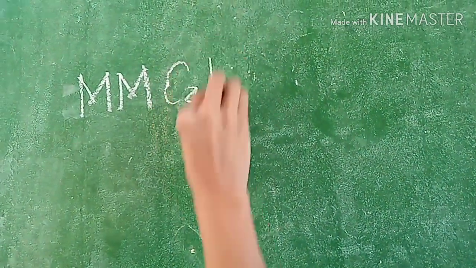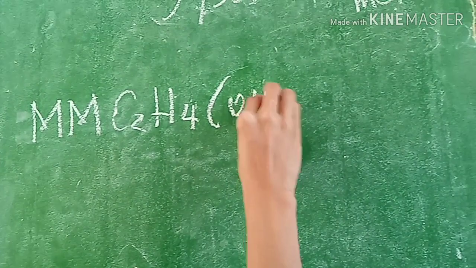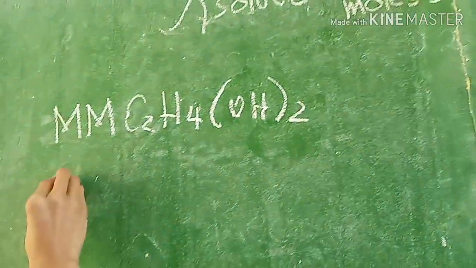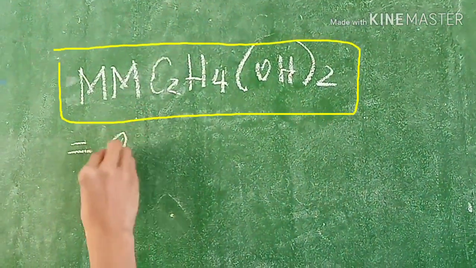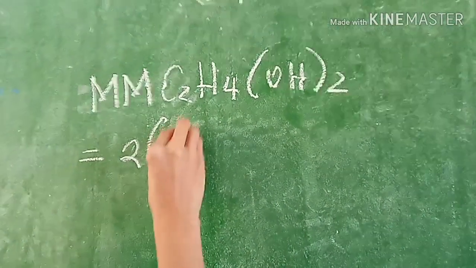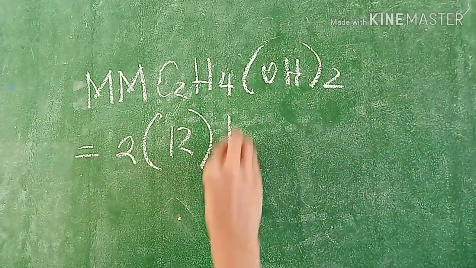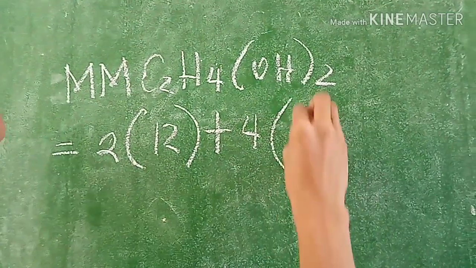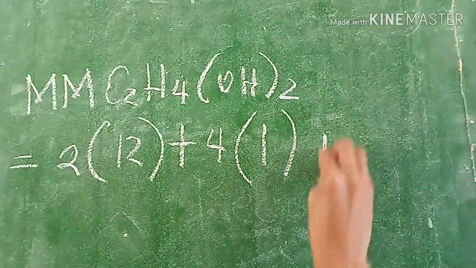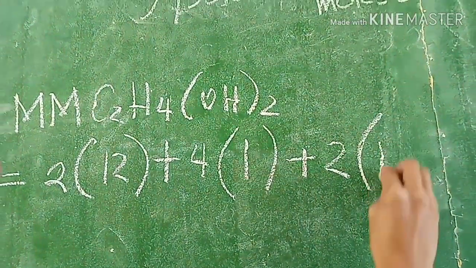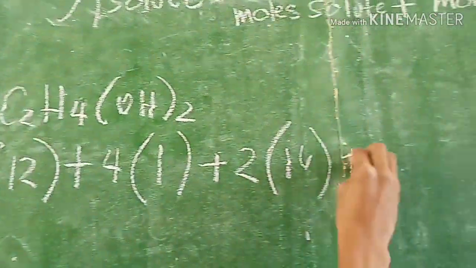So this is the process on how to find the molar mass of ethylene glycol. Ethylene glycol is composed of 2 times 12 plus 4 times 1 plus 2 times 16 plus 2 times 1.